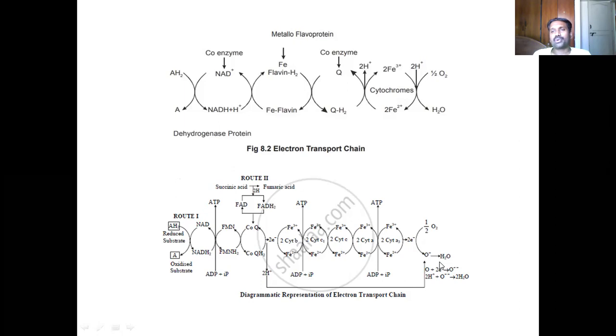So oxygen is reduced to water. That's what happens. But please note that the oxygen is not reacting with NADH directly and oxidizing it. Rather, it is reacting with cytochrome A3. Where is NADH and where is cytochrome A3? They are all interconnected by this electron transport chain.